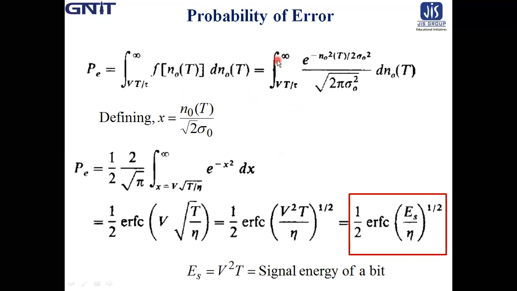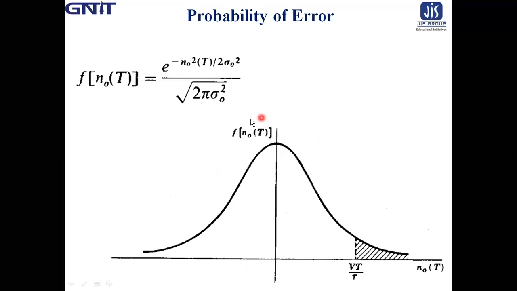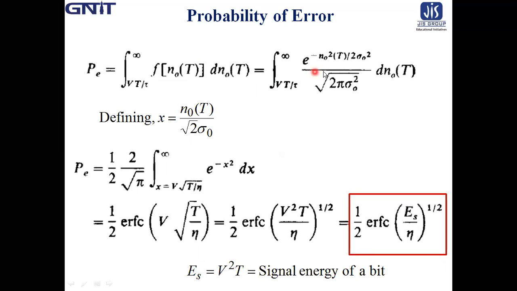Then VT by tau to infinity, and f(n0(T)) is already shown here. That is the PDF of a Gaussian noise, Gaussian distribution: e to the power minus n0 square T by 2 sigma 0 square, divided by square root of 2 pi sigma 0 square, and dn0(T).